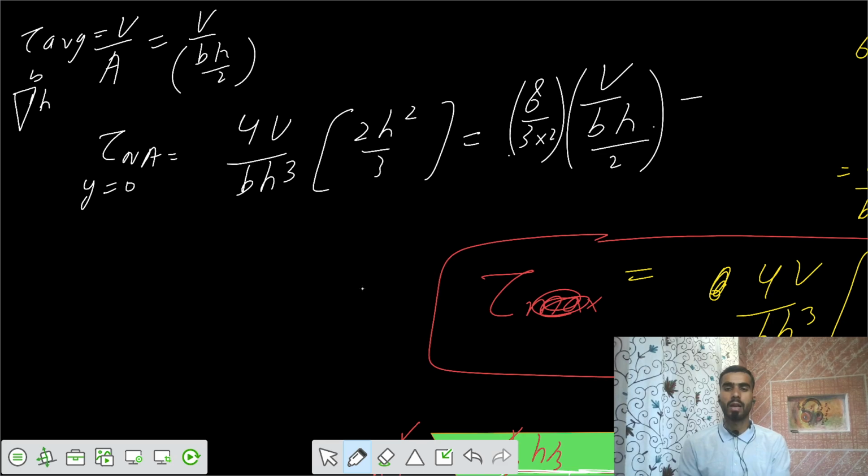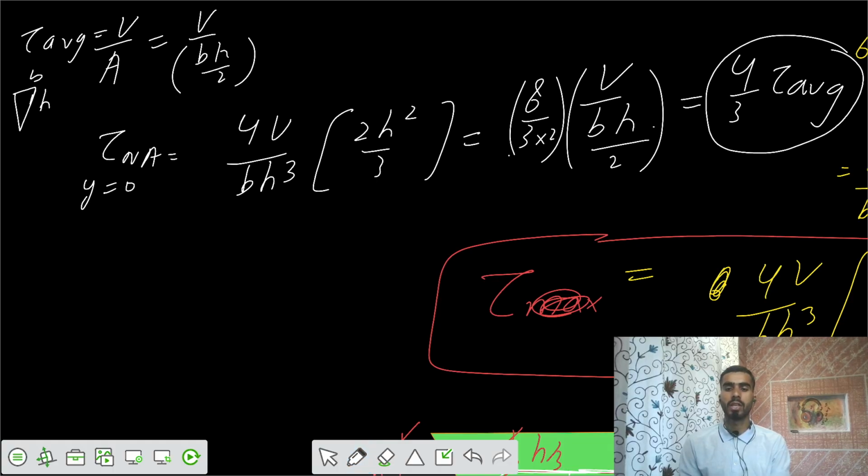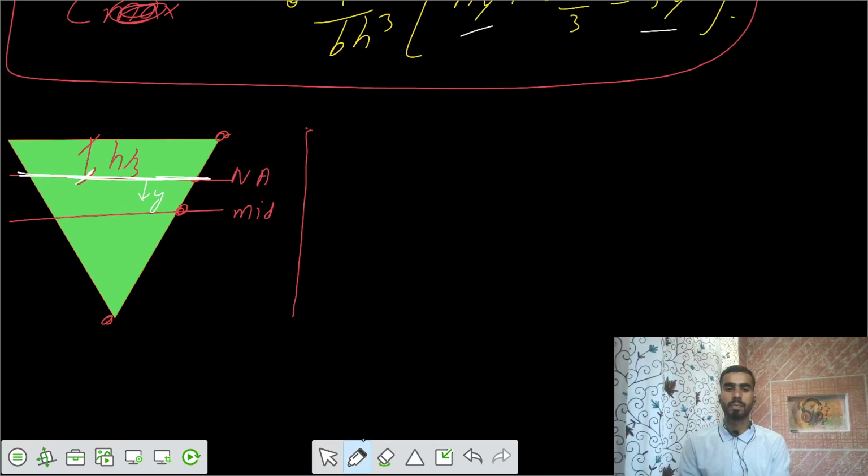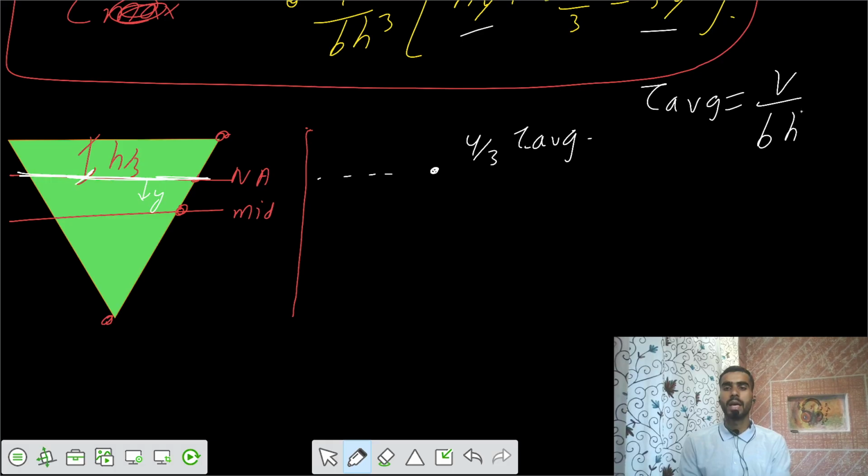So your value becomes 4 by 3 tau average. So your shear stress at the neutral axis equals 4 by 3 tau average, where tau average equals V by bh, or we can say V by bh by 2.